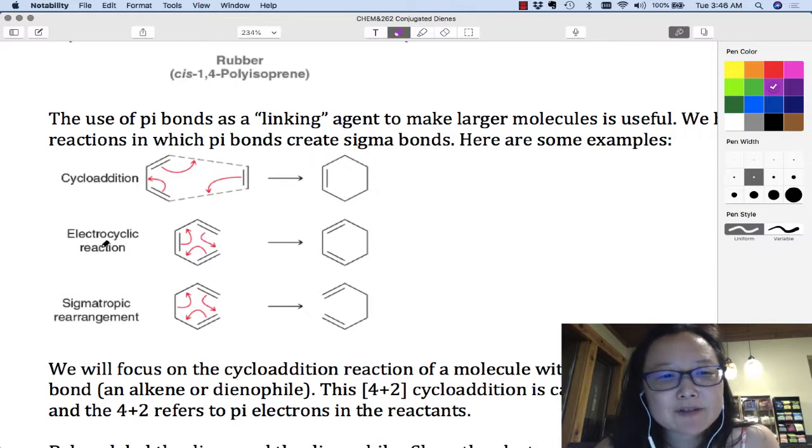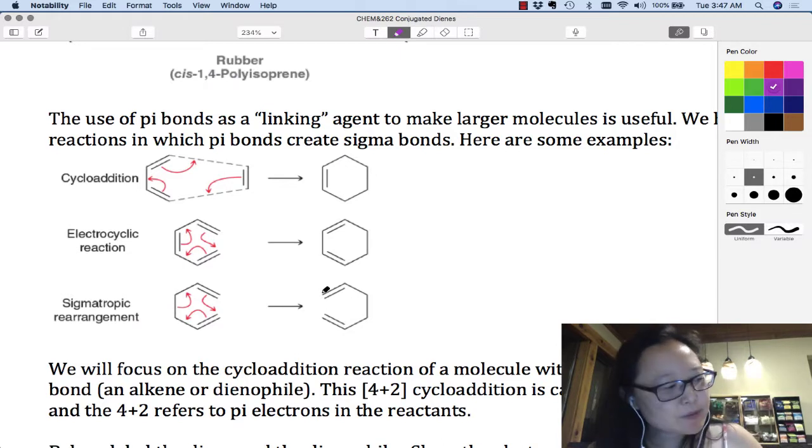Here we have an electrocyclic reaction, so just within one compound you can get a ring forming. Notice this is really different from what we've done before. These are pi bonds forming sigma bonds. And then there's something called sigmatropic rearrangement. You can get a different isomer here.